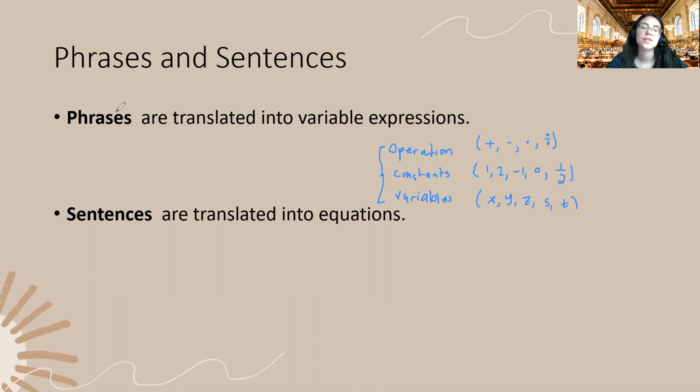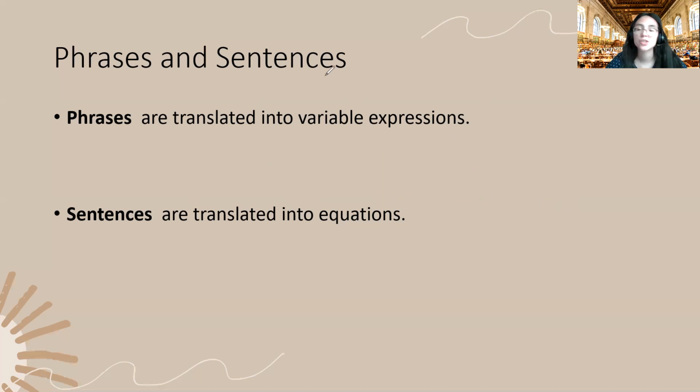So last time we learned how to translate phrases. Remember our vocab, our addition vocab, our subtraction vocab, multiplication vocab, division vocab. So that's what we learned last time. Today, we're going to be learning how to translate sentences into equations. And if you remember, we also discussed the definition of an equation.